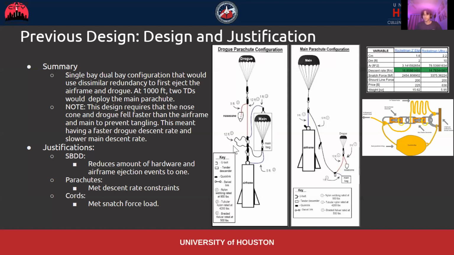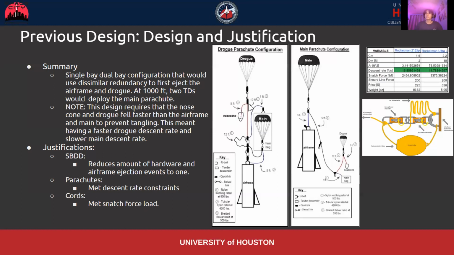And then whenever you do want to deploy your main parachute, the tender descenders would go off, which would cut this connection here. And then all that tension from the drogue would get redirected through the next shortest cord, which would be this blue one here. And then this would pull on the bag for the main parachute, and that would deploy the main parachute. And then this black cord here is the longest, and the point of this cord would be to keep everything together once the main deploys.